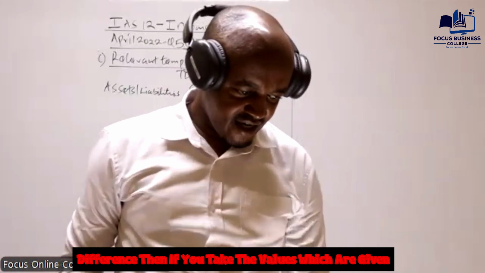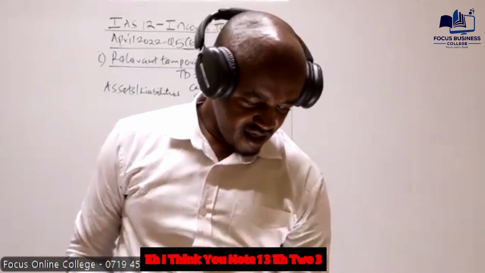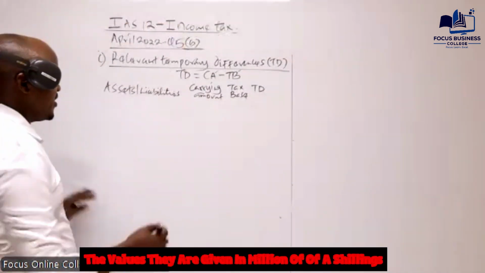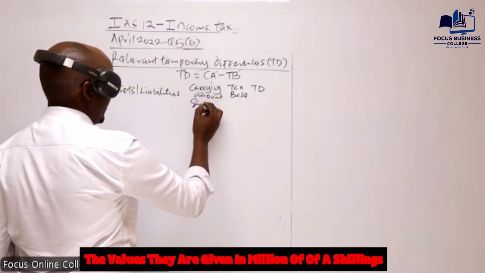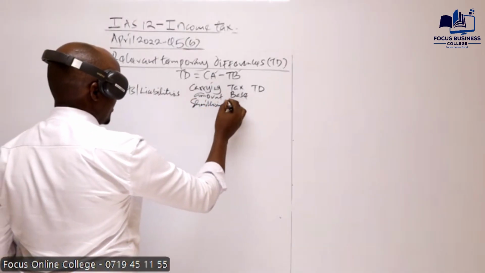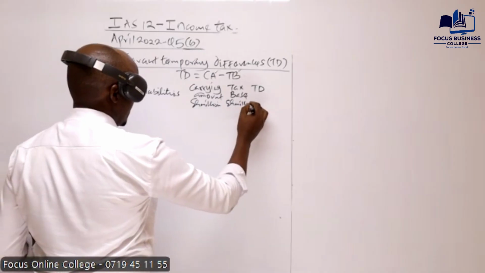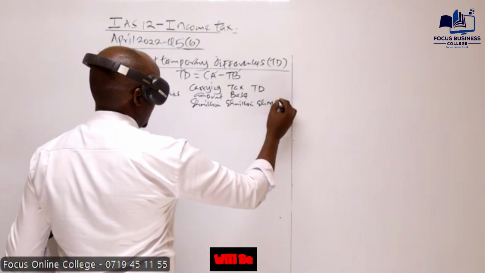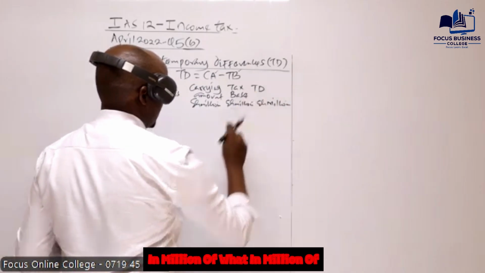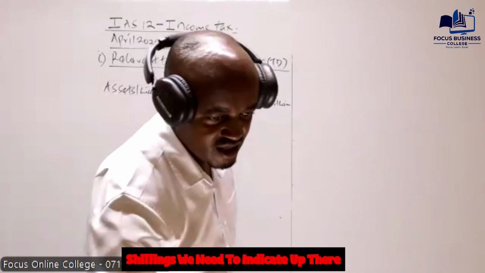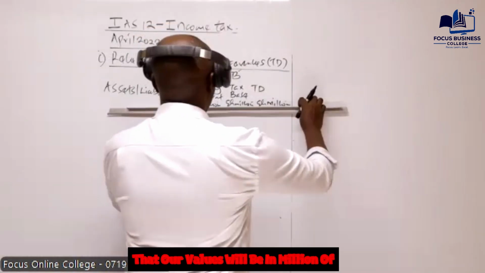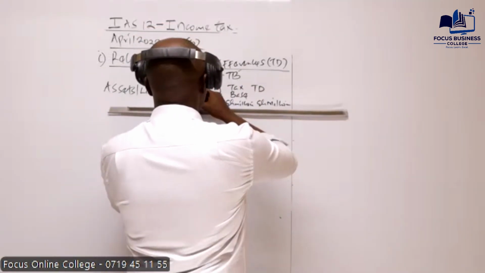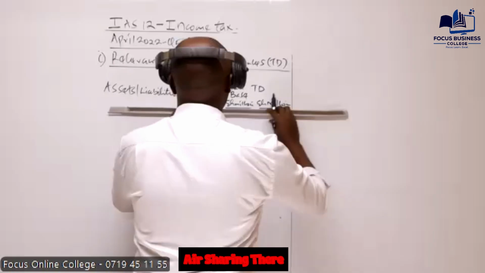Then if you take the values which are given, in notes 1, 2, 3, the values are given in million of shillings. So we will indicate up there that all our values will be in million of shillings.